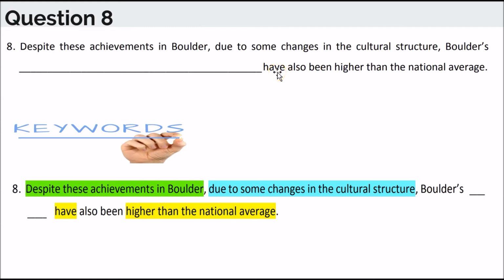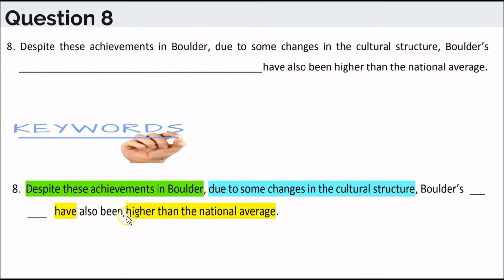So let's keep that in mind and continue with the keywords in the statement. Despite these achievements in Boulder, so there is some kind of disappointment here with the word despite, so I need to look for this word. And again, there is a reason here, and it is given with the words due to. I need to be careful with this part, and cultural structure is important for me to find the answer.